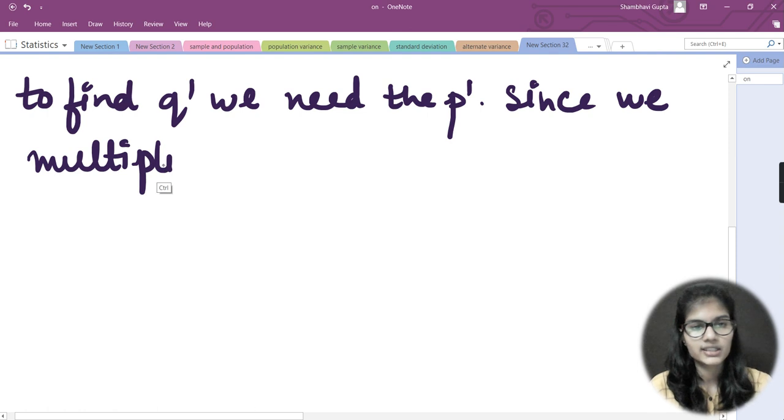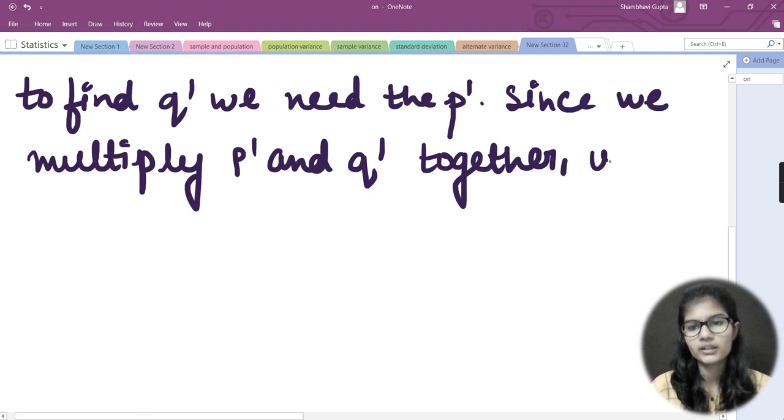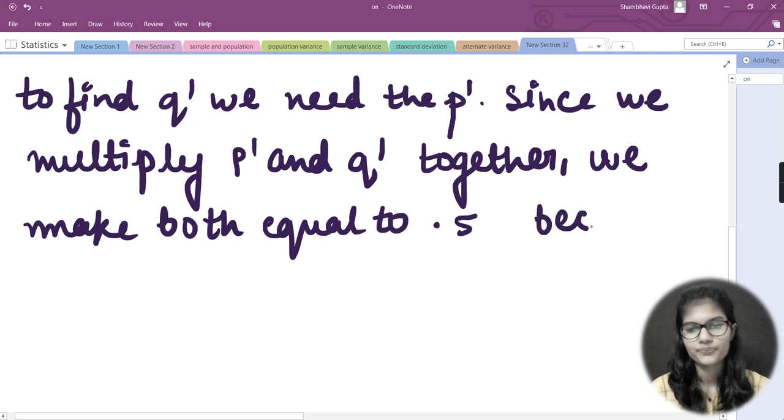Since we multiply P dash and Q dash together, we make both equal to 0.5. Why am I making them equal to 0.5?